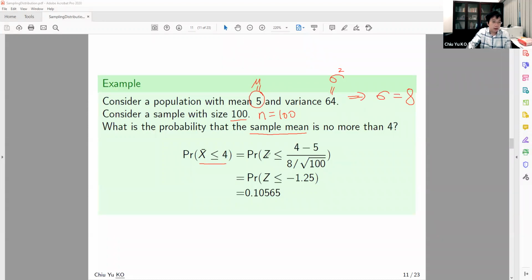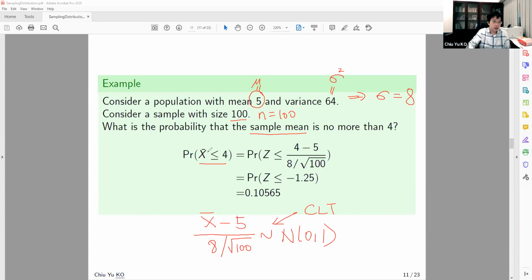Because (X bar minus 5) over 8 over root 100 has a standard normal distribution. This is the central limit theorem, okay?